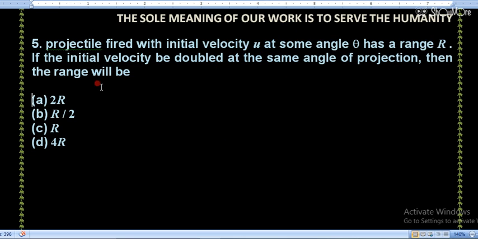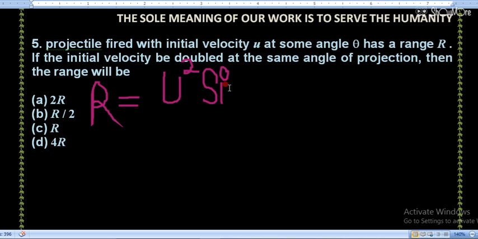Or you can simply write R equal to, this is the range for the first case, so R is equal to u square sine 2 theta by g. This is the first relation.